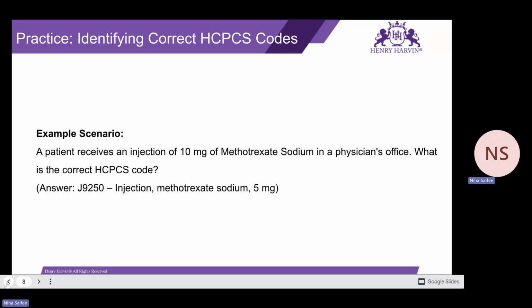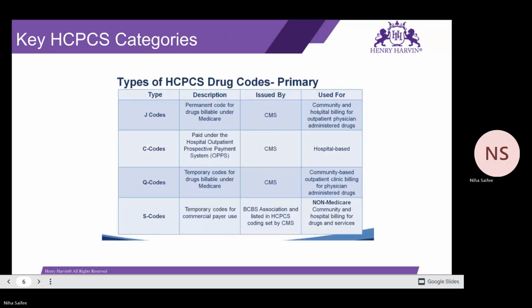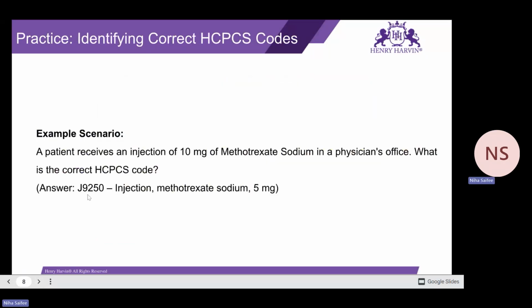We had seen that J codes are for community and hospital billing for outpatient physician drugs. So the answer is J9250. First is a letter followed by four numbers. That is injection methotrexate, 5 milligram.